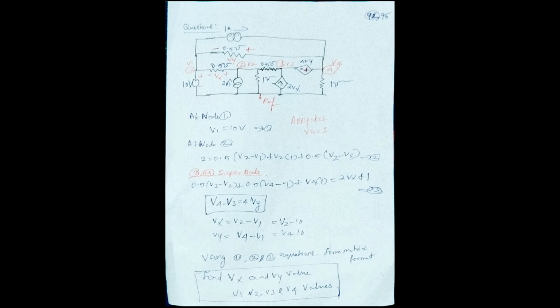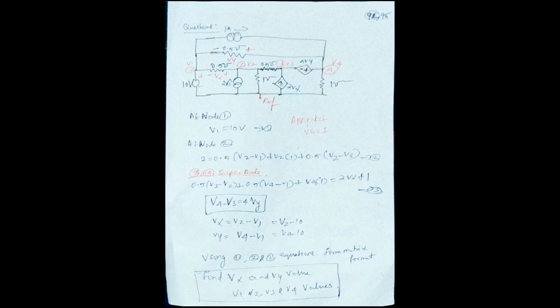For a super node we write only one equation; otherwise we write one equation per node. For the super node of 3 and 4, a 0.5 conductance meets, a source meets between V3 and V4, and the 1 ampere source joins, and a 0.5 mho conductance, another 0.5 upper line conductance joins, and lastly a 1 mho conductance joins at the 4th node.